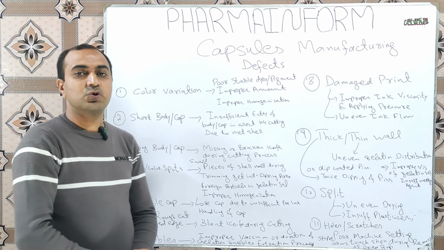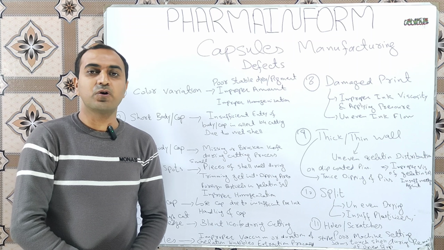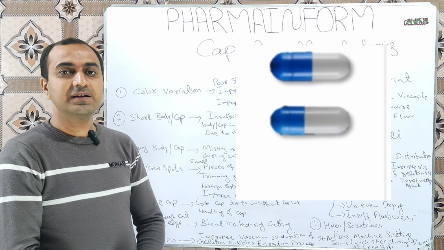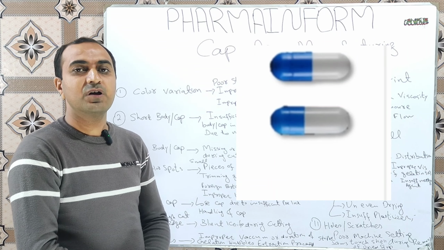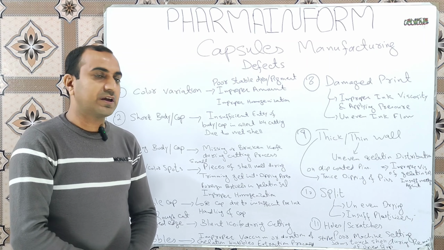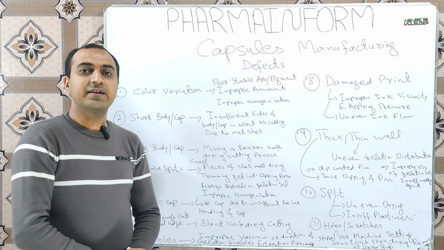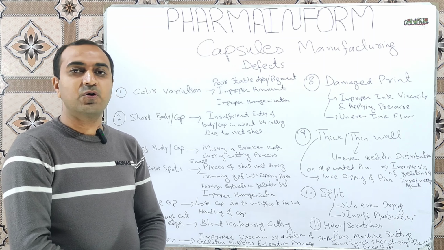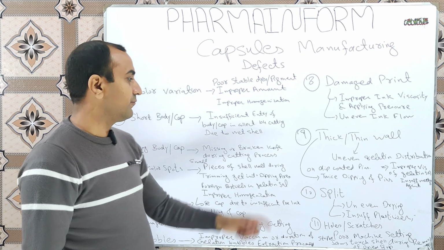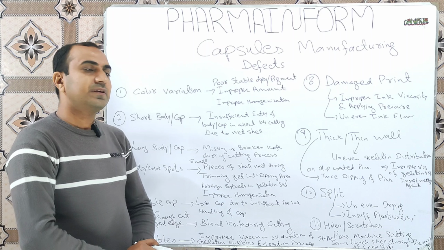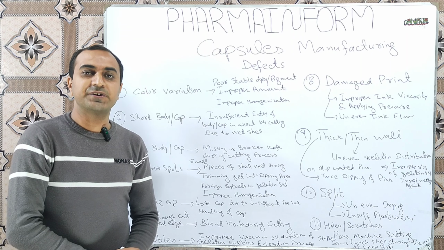Next one is the short body or short cap empty hard gelatin capsules. What is the reason for short body or short cap? The reason is insufficient entry of the body or cap in the collet before the cutting process, and it is due to the wet shell.